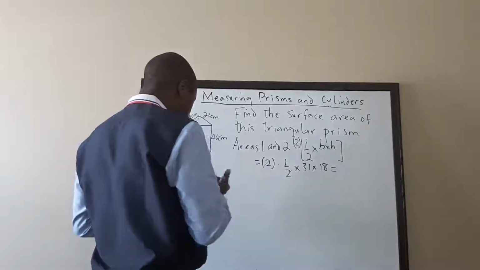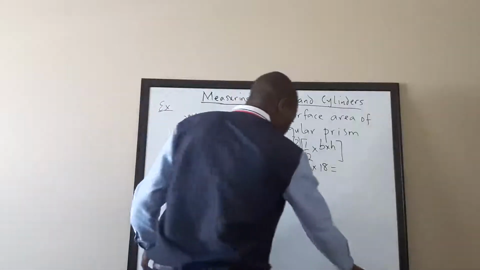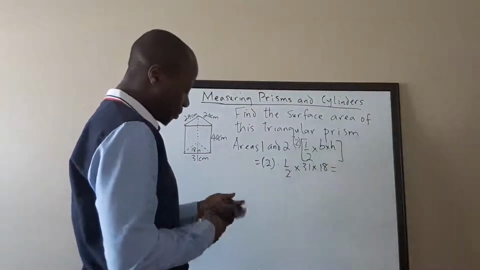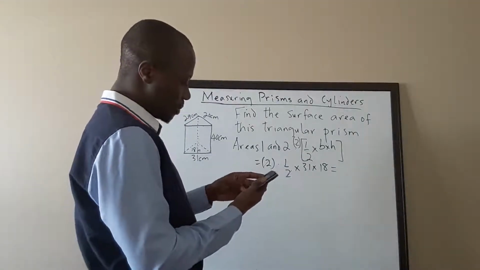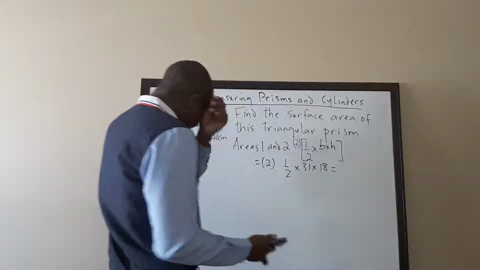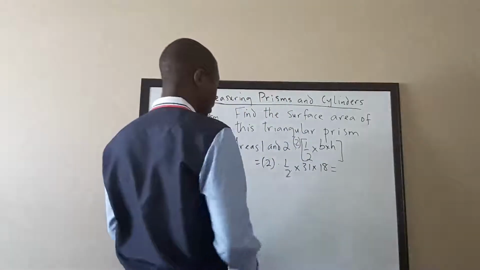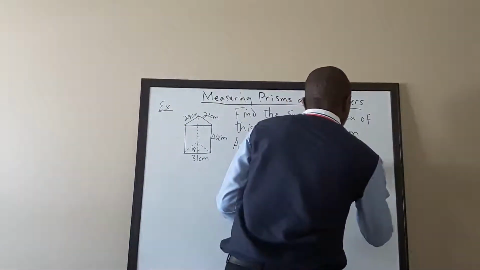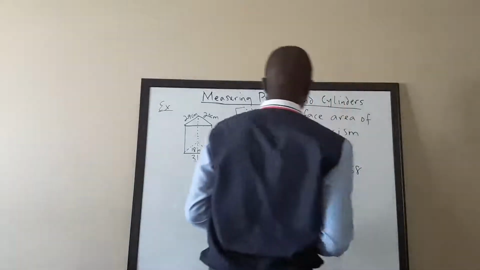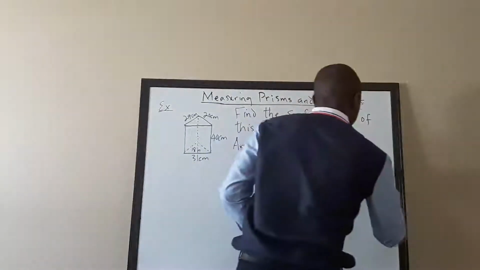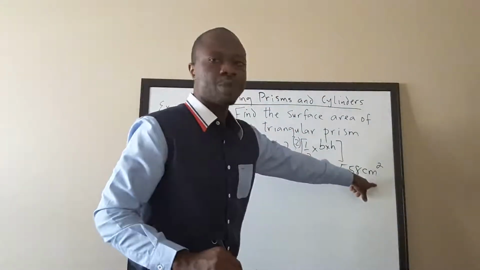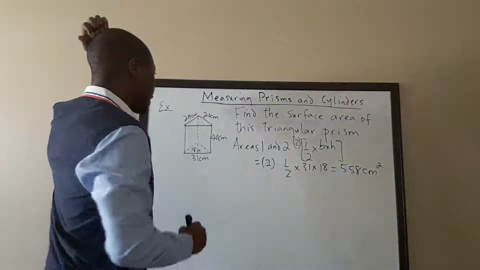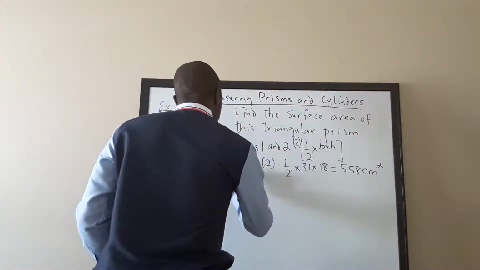So I've got 31 times 18 here. 31 times 18, I've got 558 centimeters. Now because I'm doing surface area, it's going to be squared.